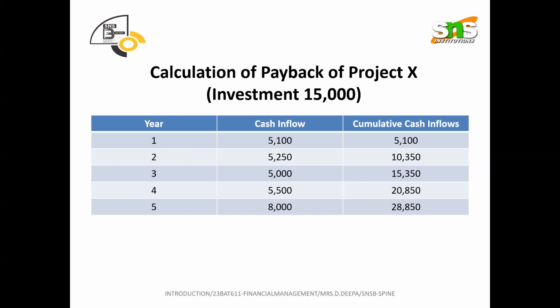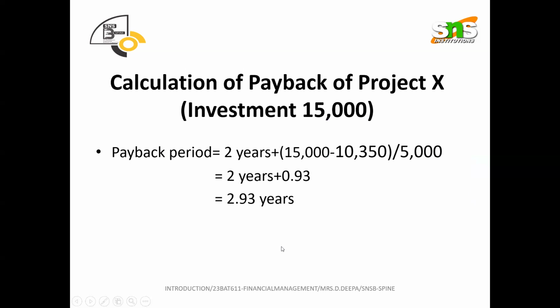So divided by 5,000, you get 0.93, which indicates 2.93 years. So exactly 2.93 years is the payback period in which we recover our actual investment of 15,000. This is for project X.